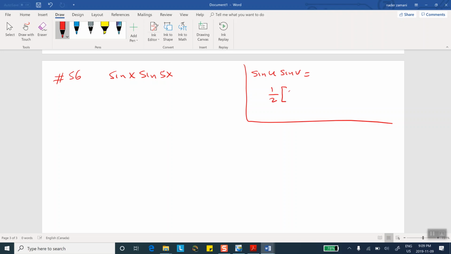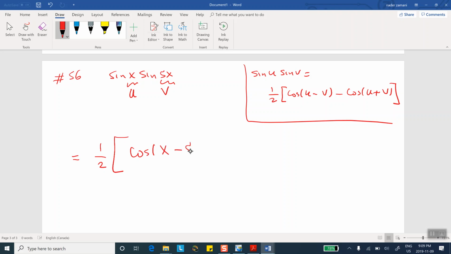You're going to have cosine of u minus v minus cosine of u plus v. So in this particular problem, this is my u, this is my v, so this is equal to 1/2 cosine of u minus v, x minus 5x, minus cosine of x plus 5x.